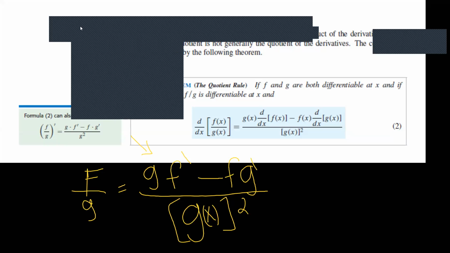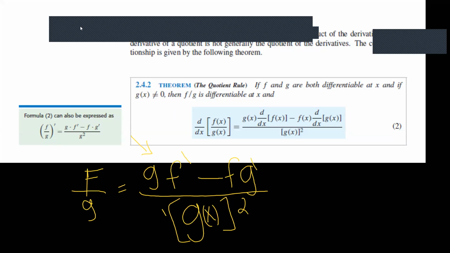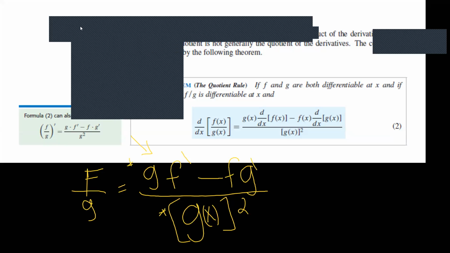In addition, if we say g f prime plus f prime g, or f prime g plus g f prime, it will be the same. But here, no, you have a subtraction, so you have to know which function to start from. Since I have g squared down, the denominator, I start with g here. So I say g f prime minus f g prime.